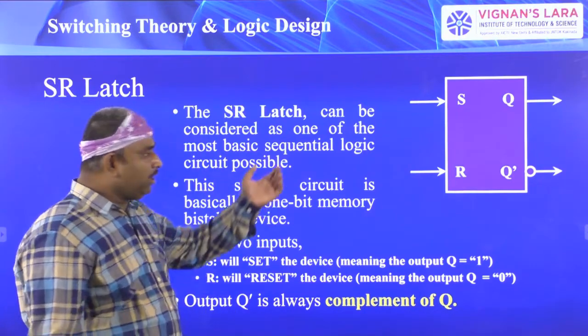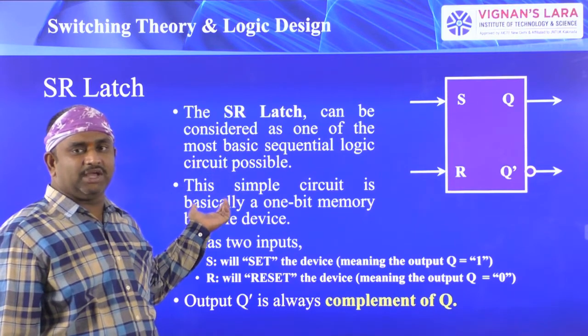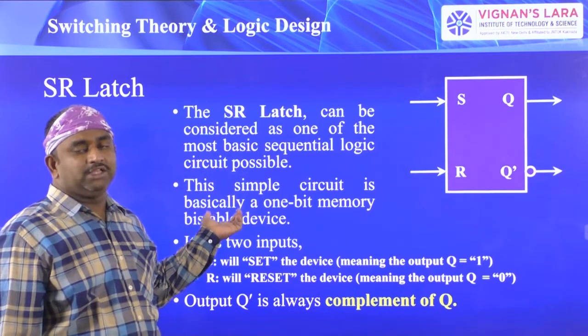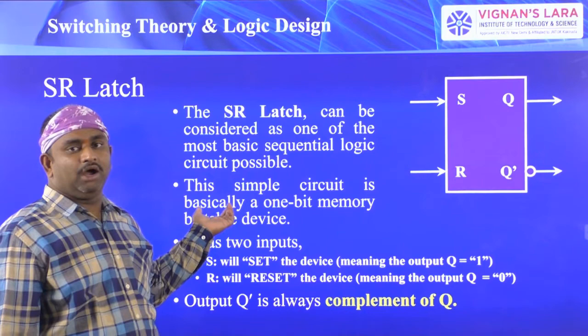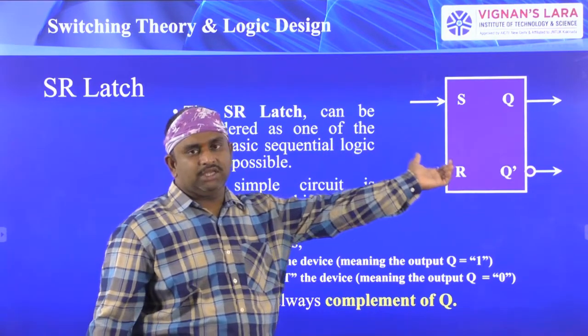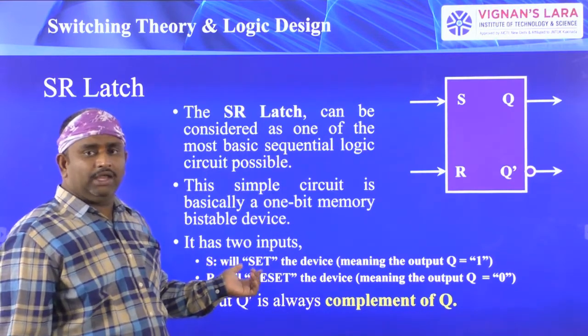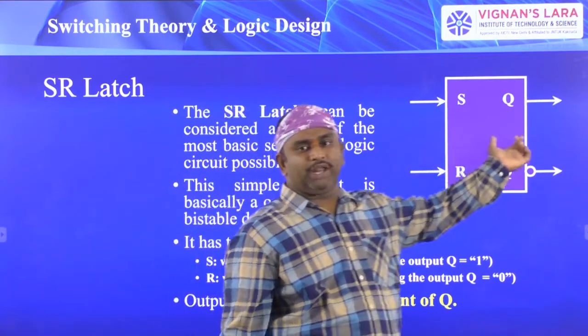The latch is a single bit storage device, and the latch is an example of a bistable multivibrator. The application of the bistable multivibrator is the flip-flop. The flip-flop generally has two outputs.